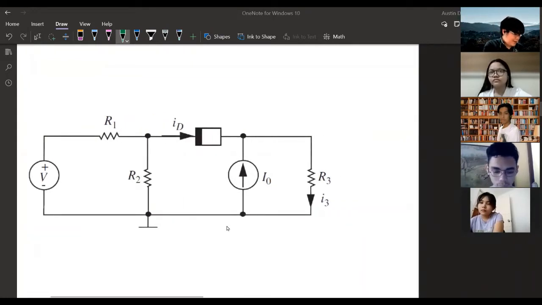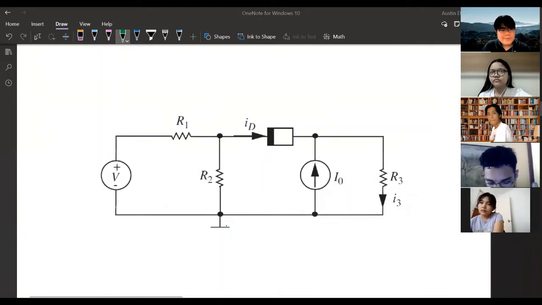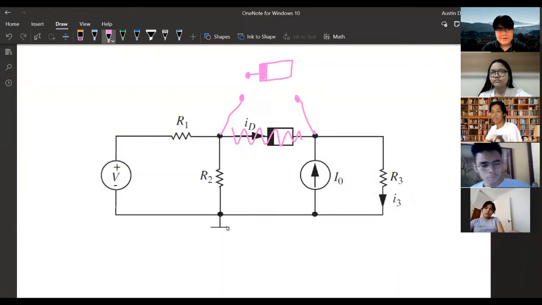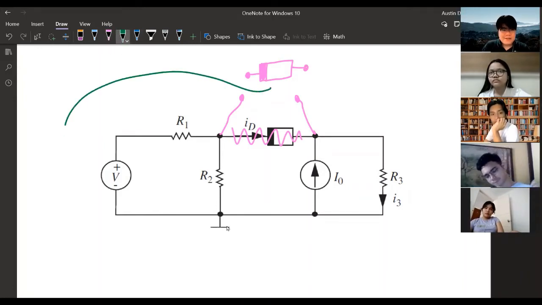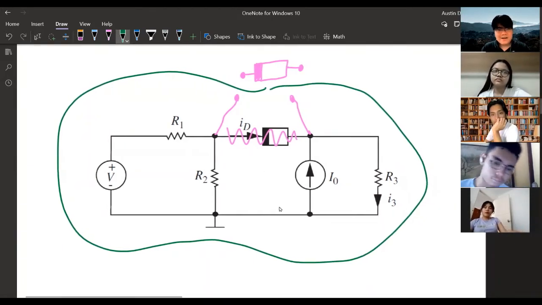Okay. So anong ibig kong sabihin? Sige, i-detach natin to. Kunwari, dinetach mo yung circuit mo sa kanya. Okay? Tapos, yan siya. Ito yung nonlinear resistor mo. Dinetach natin. Okay? Now, this whole thing is linear, di ba? Linear na ulit to.